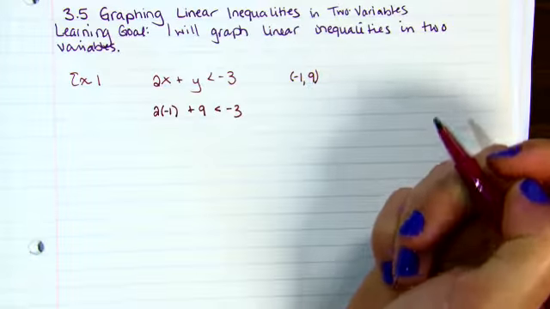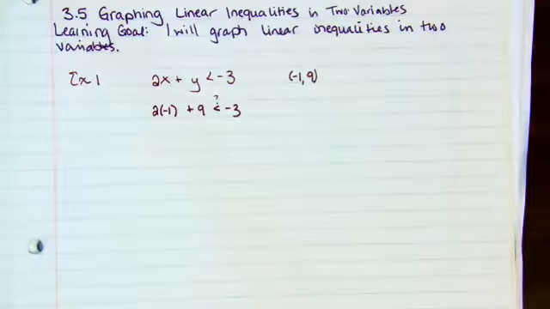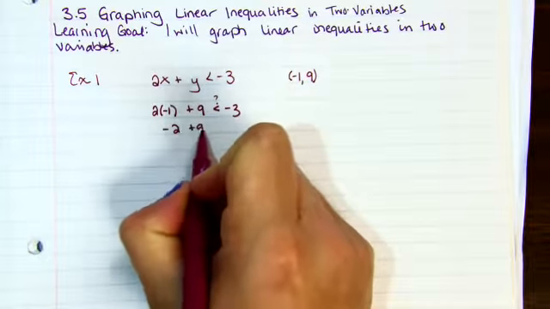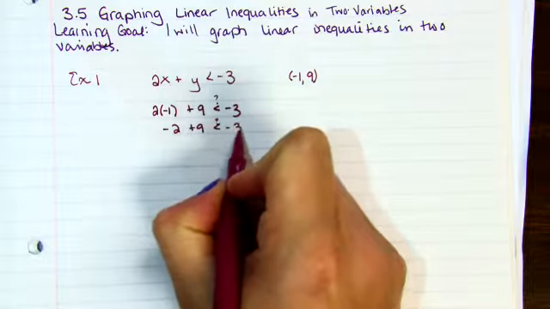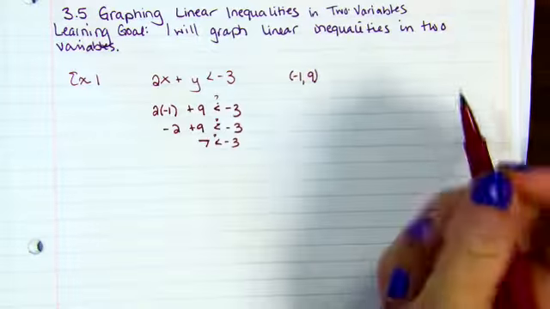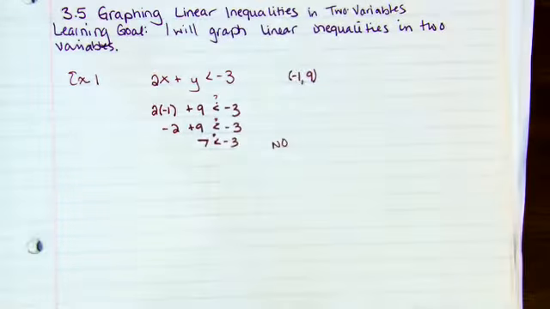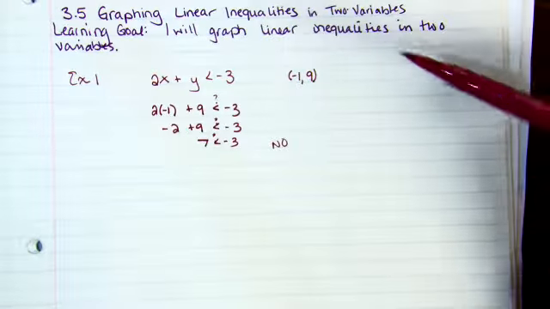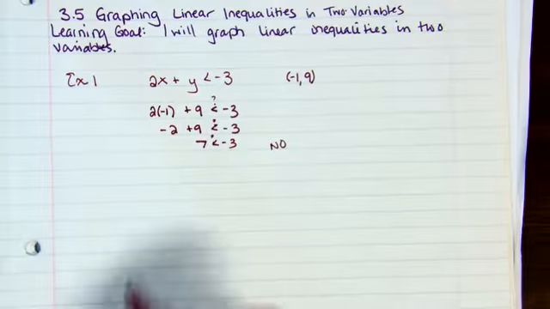Is that less than -3? 2 times -1 is -2 plus 9 gives me 7. Is 7 less than -3? No. So (-1, 9) is not a solution of that inequality.